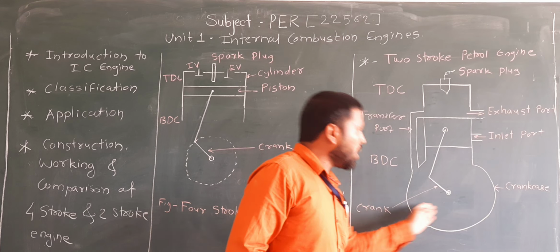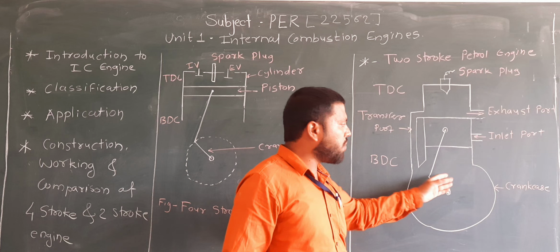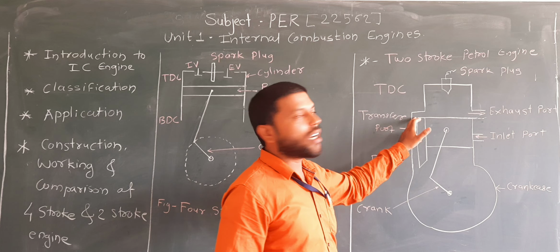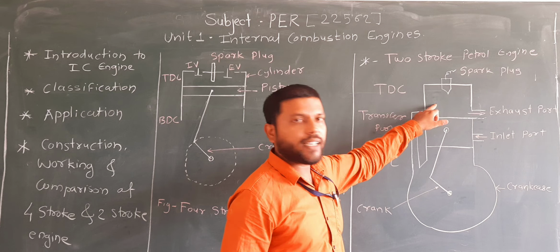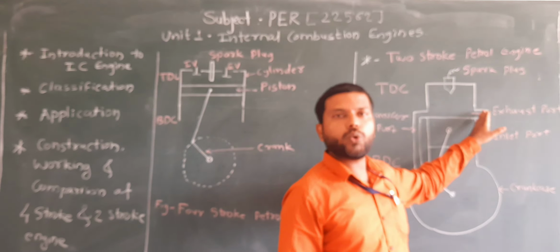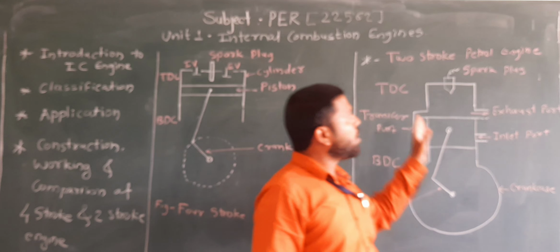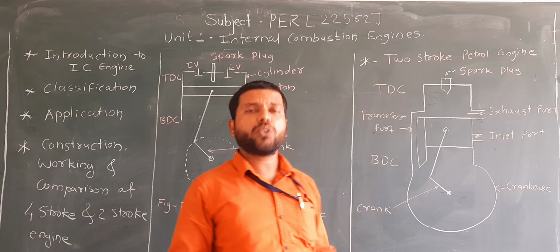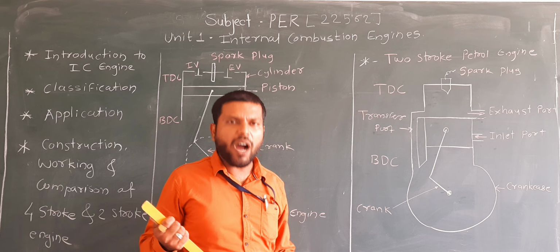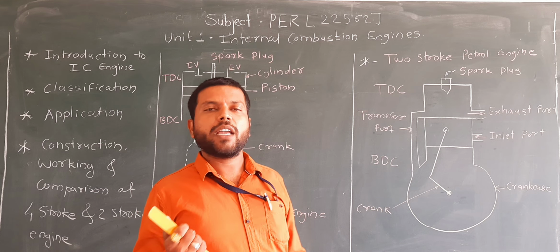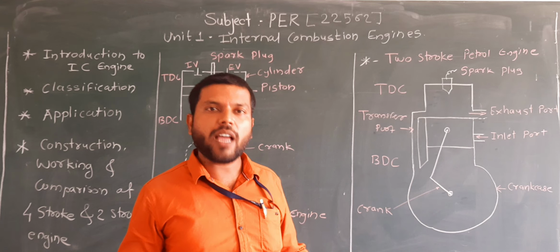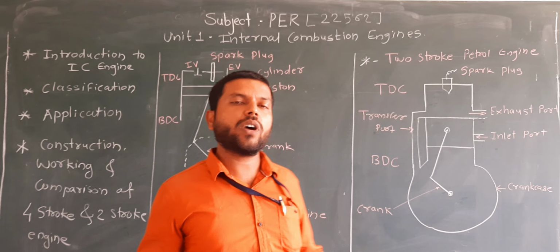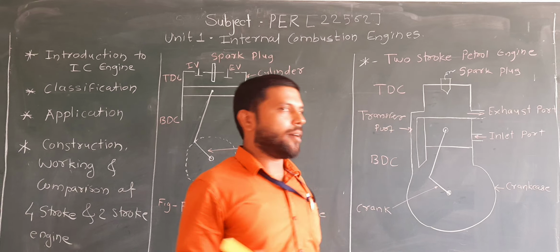Therefore, the charge present in the crankcase is transferred through the transfer port, and the burnt gases present in the cylinder are exhausted to the atmosphere. This is the two-stroke petrol engine. In it, the power stroke is completed in one revolution of the crankshaft, that is, the cycle is obtained in one revolution.